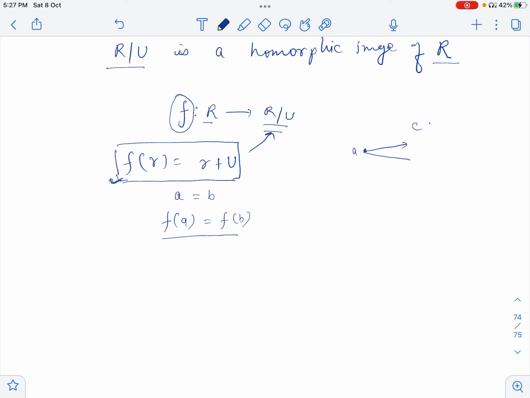So let us assume that A is equal to B. So A minus B is equal to 0. 0 belongs to U. That means A minus B belongs to U, that means A + U is equal to B + U, which is F(A) is equal to F(B). That means F is well defined.